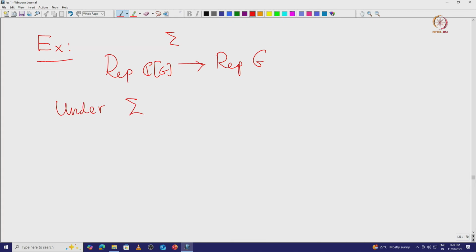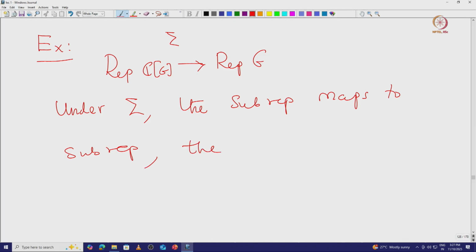So, under sigma the subrepresentations map to subrepresentations, the irreducibles map to irreducibles, and so on.